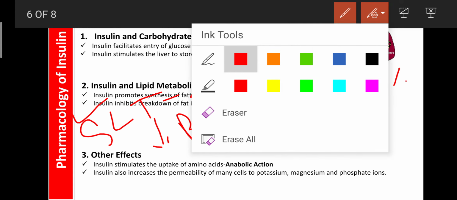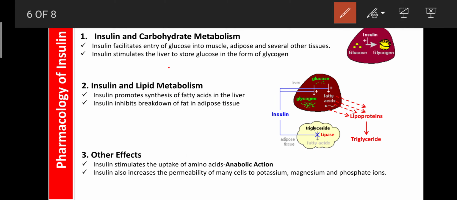Okay, so next, insulin also regulates lipid metabolism. Insulin mainly promotes the synthesis of fatty acids in the liver.